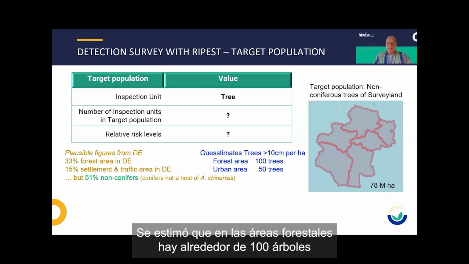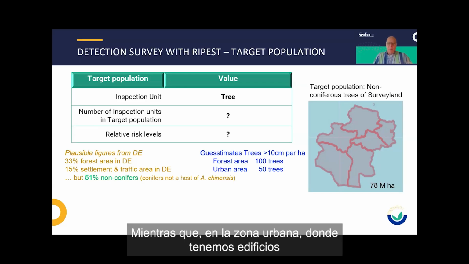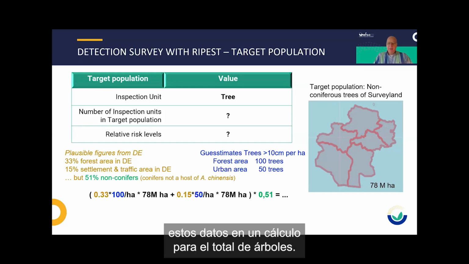He says that in a forested area, we have about 100 trees with a diameter larger than 10 centimeters, while in the urban area, where we also have our buildings and kindergartens, there is a little bit less, so we have 50 trees. This data we can now combine into a calculation for the number of trees.